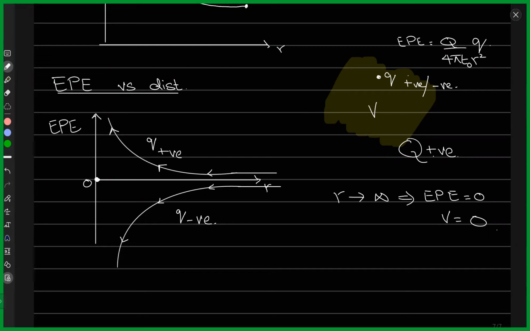Think in terms of the nature of these forces, right? In this graph, I can see that we have a charge that is positive, and I have another charge that is negative. The arrows will be the other way around. No, the arrows will not be the other way around, really.